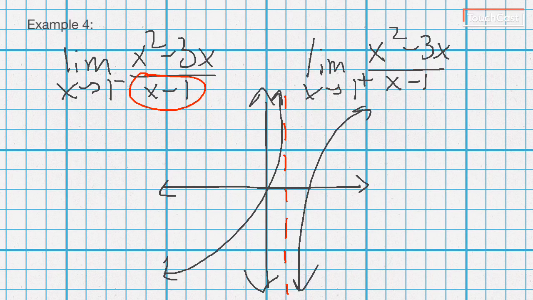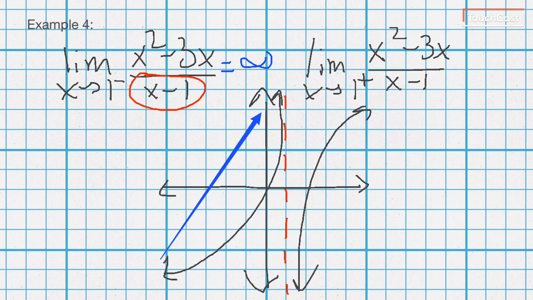Let's look at it from both bounds. If we are approaching 1 from the left, here that I have in blue, we're increasing infinitely. So in this case, our left bound limit is going to equal infinity.